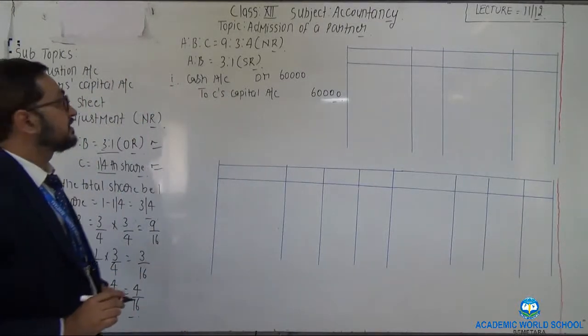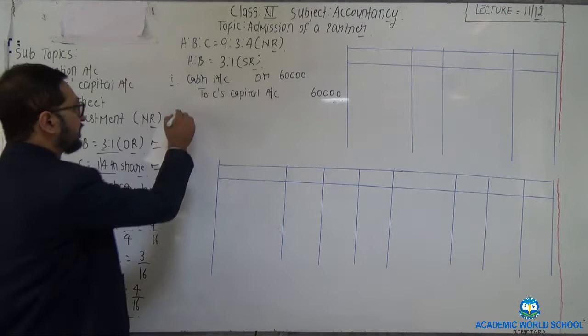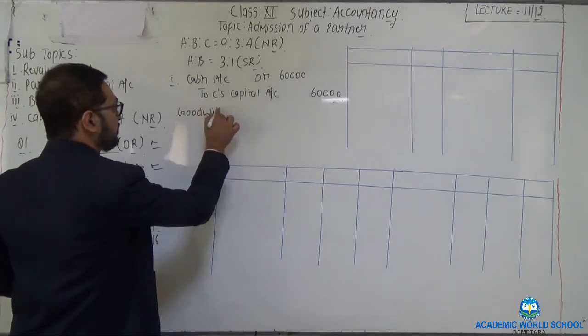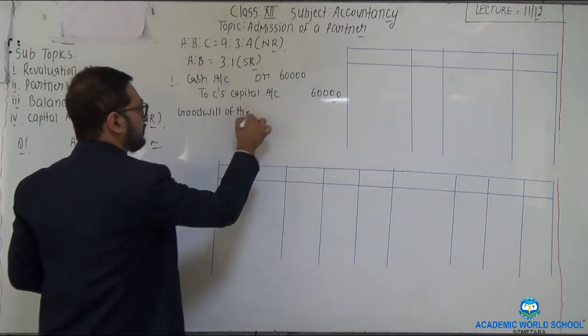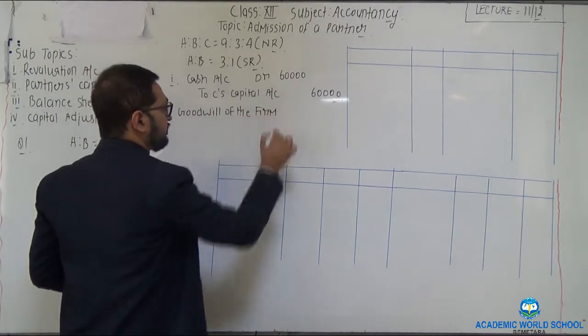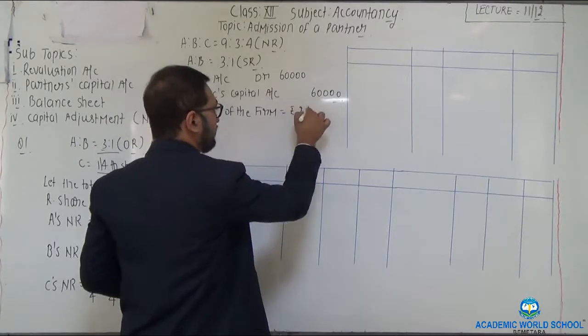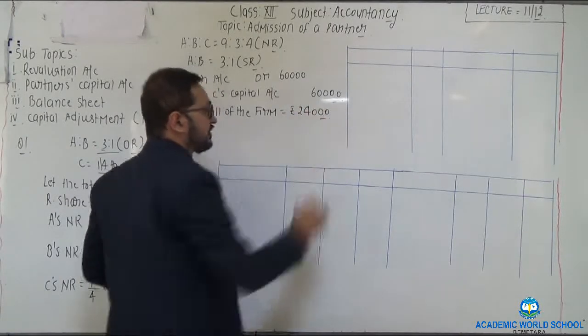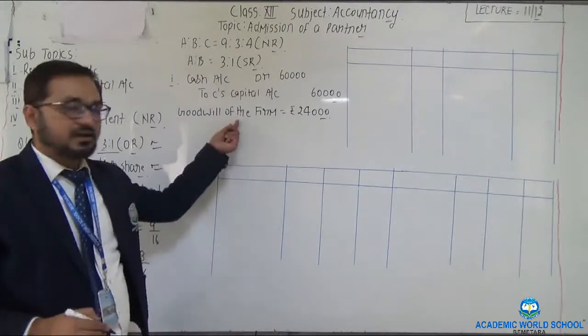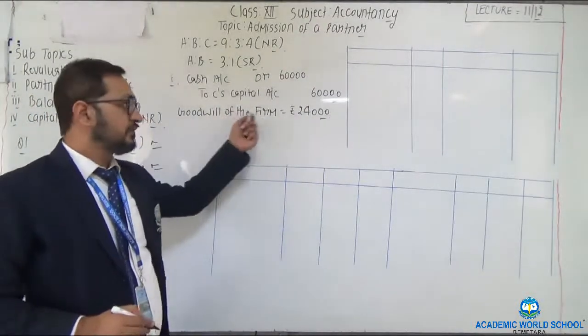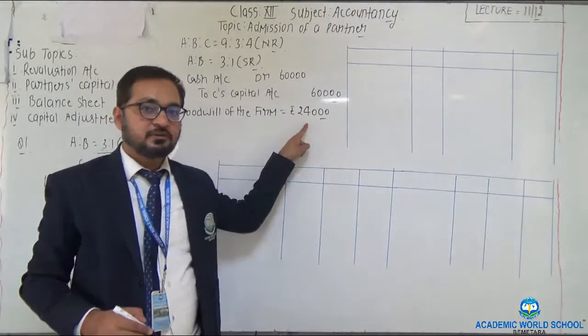One adjustment is given, that is goodwill of the firm. It is given in the question, goodwill of the firm, which is valued at 24,000. C is unable to bring his share of goodwill premium in cash, but the goodwill of the firm, which is given in the question, is rupees 24,000.